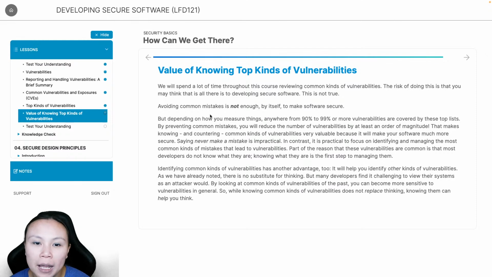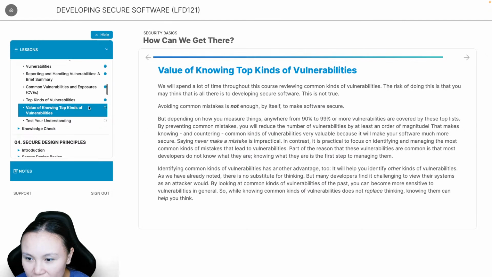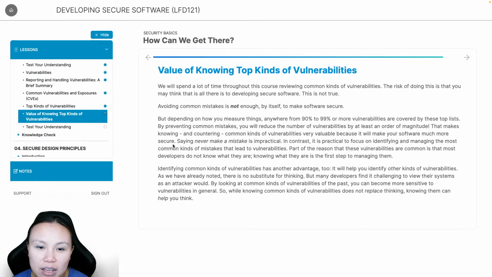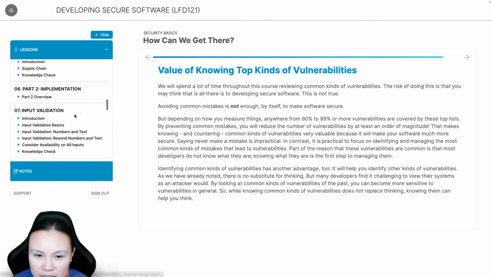I spent a lot of time throughout this course reviewing different types of vulnerabilities. The risk of doing this is that you may think that's all there is, but it's not true. We are just covering the most common ones, but there are more out there as well. Depending on how you measure things, anywhere from 90 to 99% or more of vulnerabilities will be covered in the top lists, which are covered in this course.